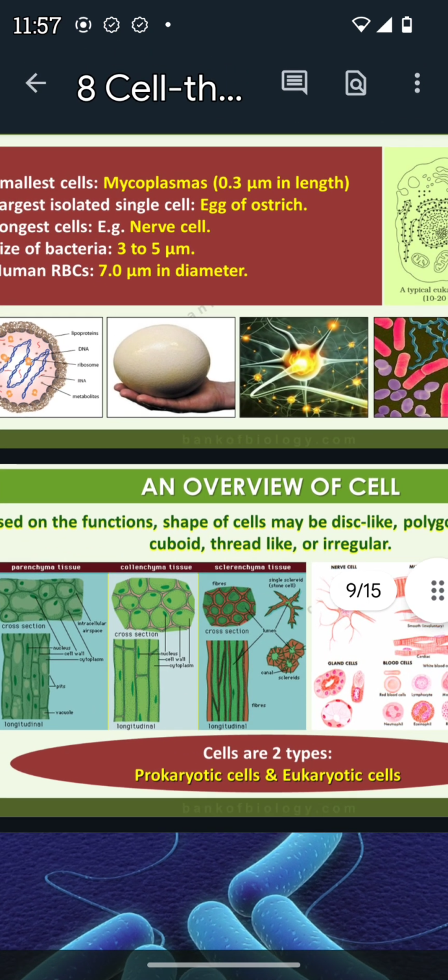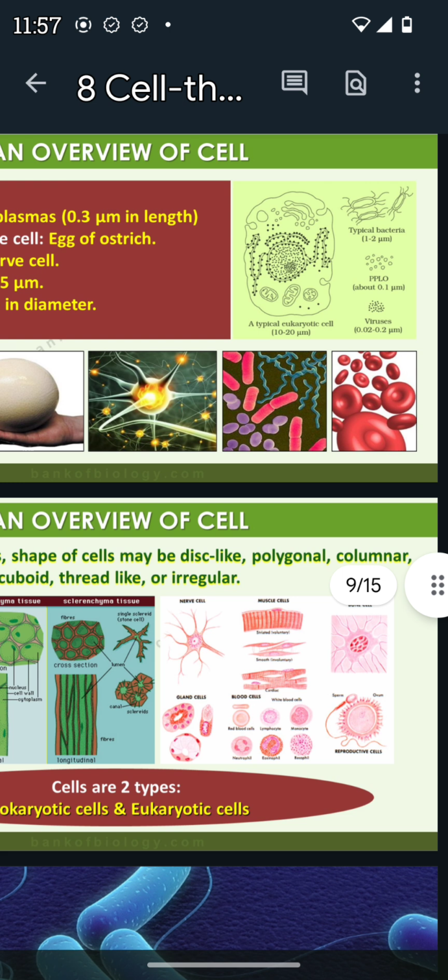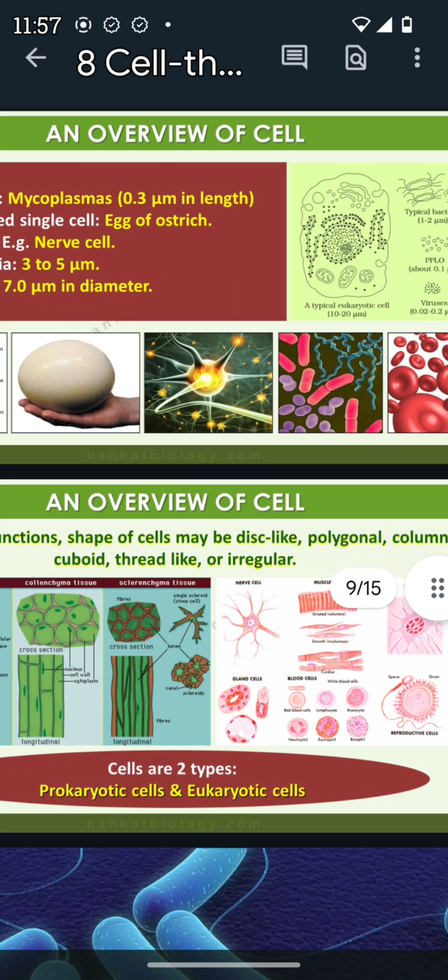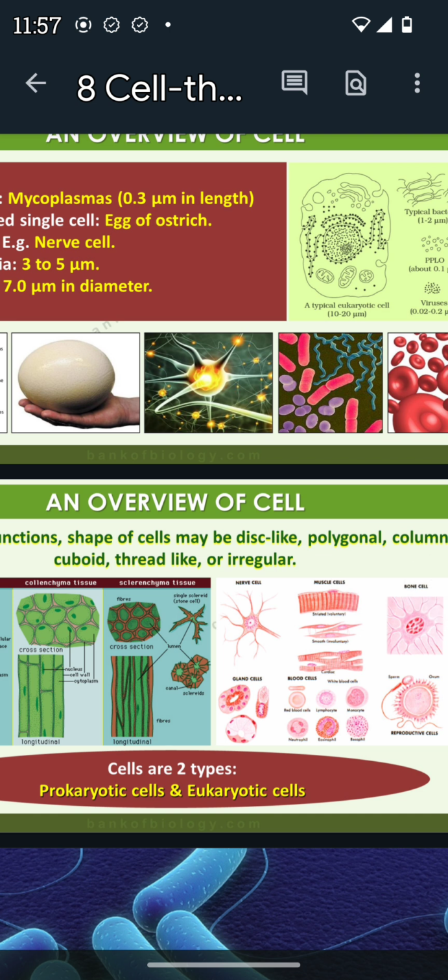Next, based on the function, the shape of cells may be disc-like, polygonal, columnar, cuboid, thread-like, or irregular. Irregular, like the amoeba, as you remember. So based on the type of function they acquire, and in what type of organism they are found, their size and shape may be different.